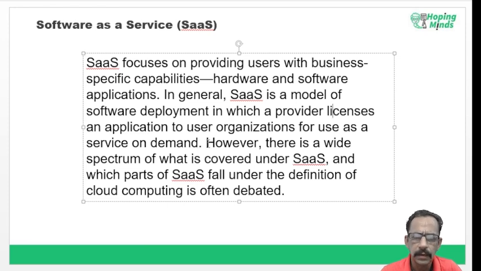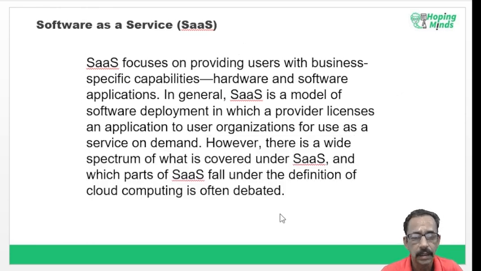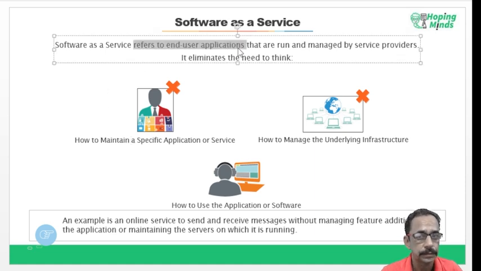However, SaaS is under debate, whether it is under the cloud or not, but still we say it's a cloud service. It refers to the end user application, run and managed by the service provider.